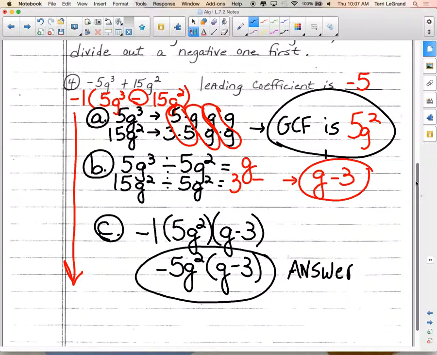So we don't have to factor out that -1, but for some students it's too hard to figure out the GCF without doing that. So you decide what works for you.